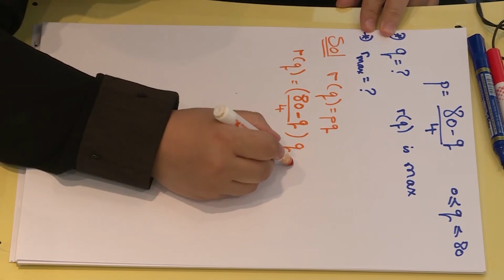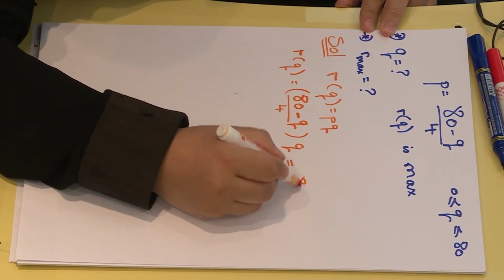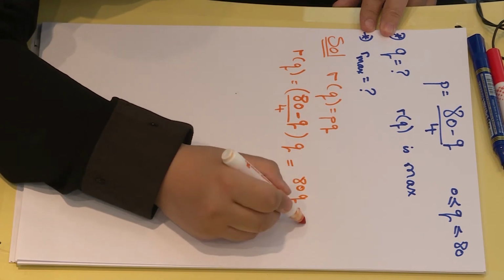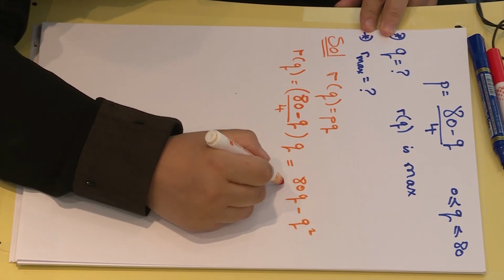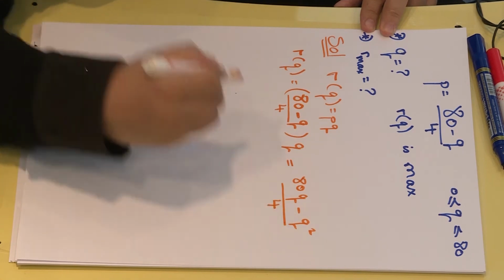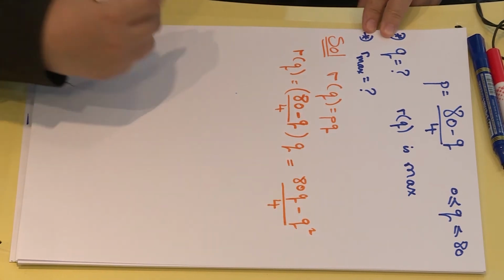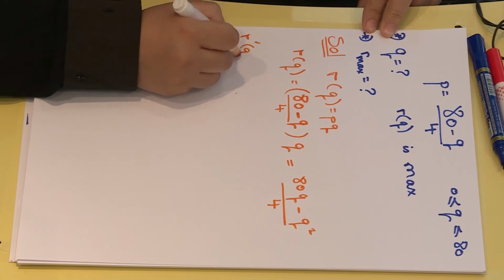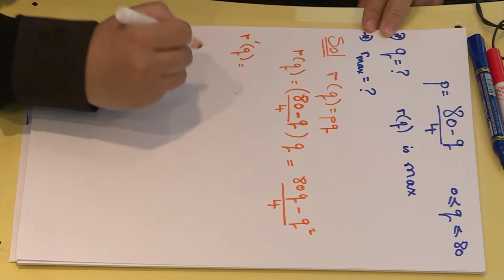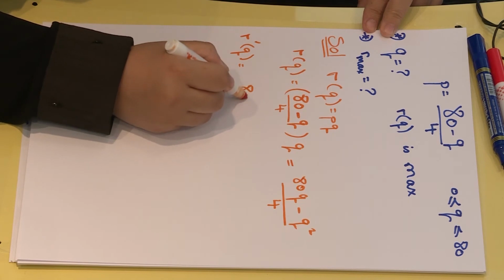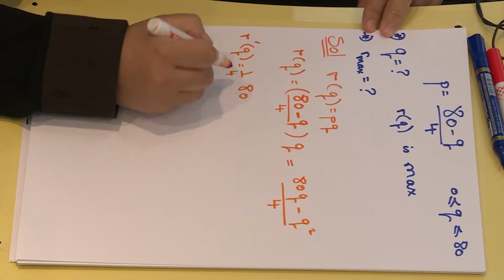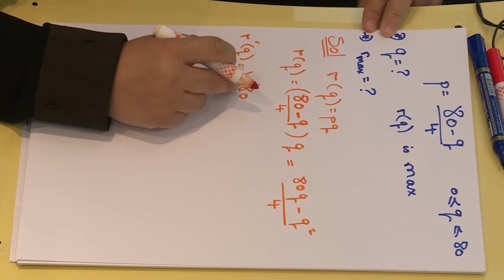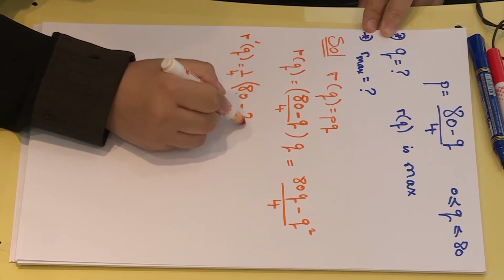So revenue equals 80Q minus Q squared divided by 4. We want to find the first derivative, so R prime of Q equals 1 over 4, it's constant, and here I have 80 minus 2Q.